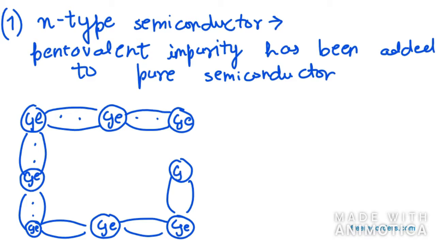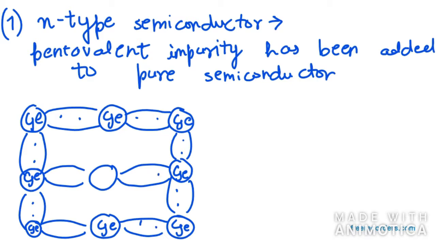But as of now, I want to tell you about N-type semiconductor, so I would be keeping a gap here in between the elements. So suppose we have a germanium crystal. So I want to add a pentavalent impurity. So I would be taking arsenic. Arsenic is one example of a pentavalent impurity. So I would be adding arsenic here.